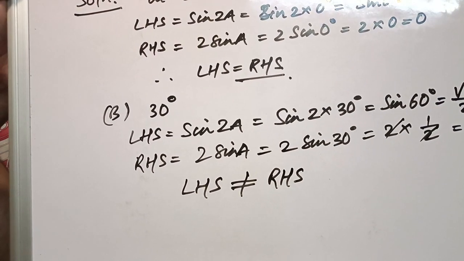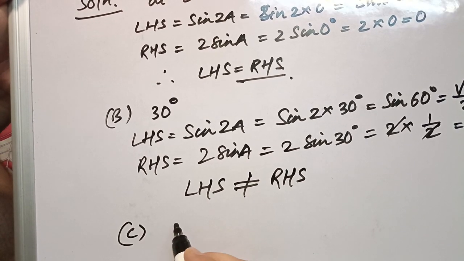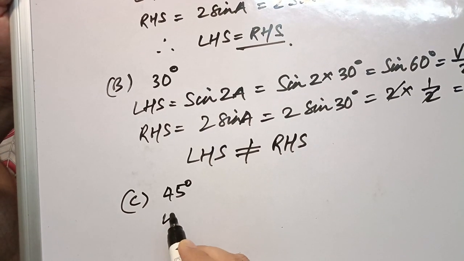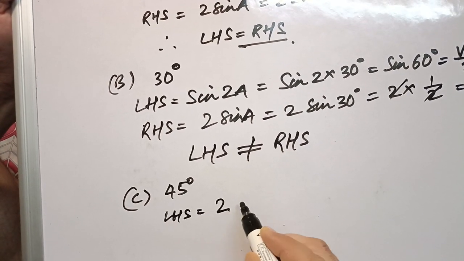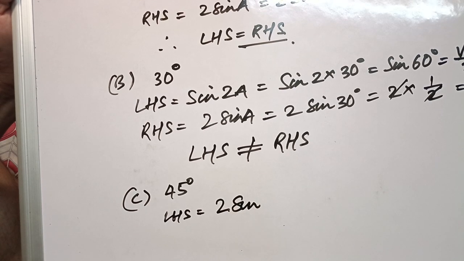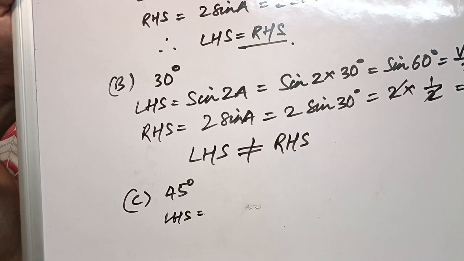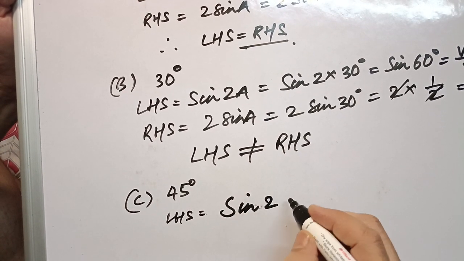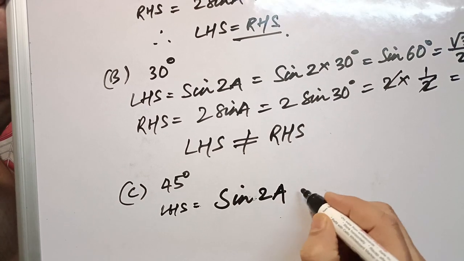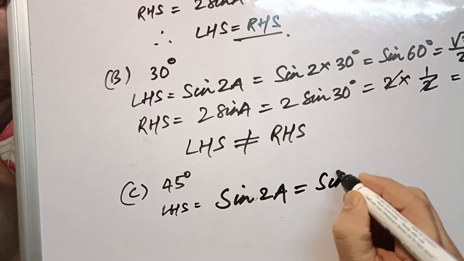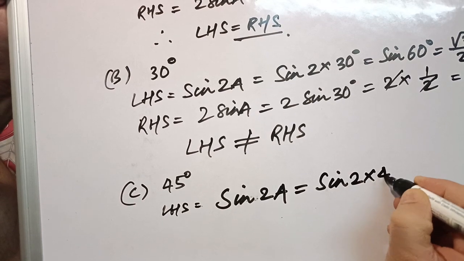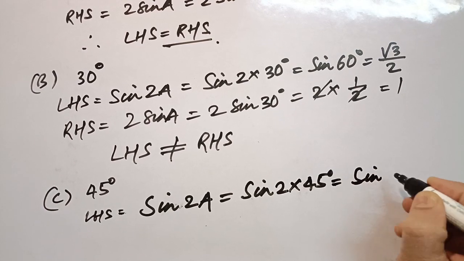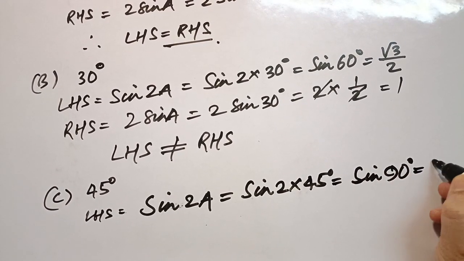Let us try with the third option. Third option we have to check at 45 degree. Left hand side is sine 2A, which is sine of 2 into 45 degree, that will be sine 90 degree, and the value of sine 90 degree is 1.